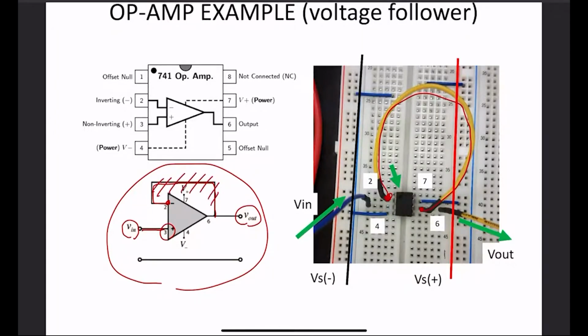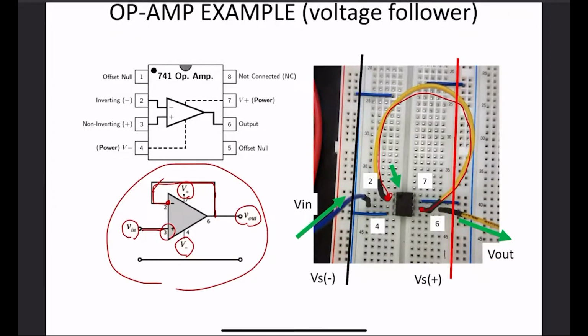You see, number 6 is your output, right? And you would like to supply your voltages. So your voltages V positive, V negative are being connected to 7 and 4. So number 7 is connected to your Vs positive. Number 4 is connected to your Vs negative.